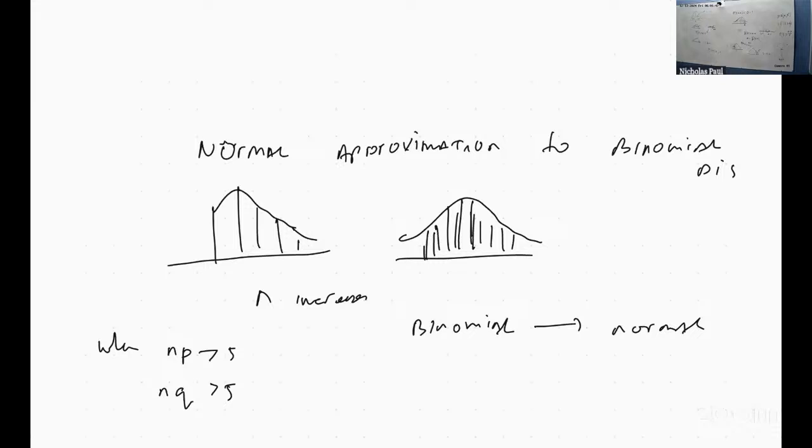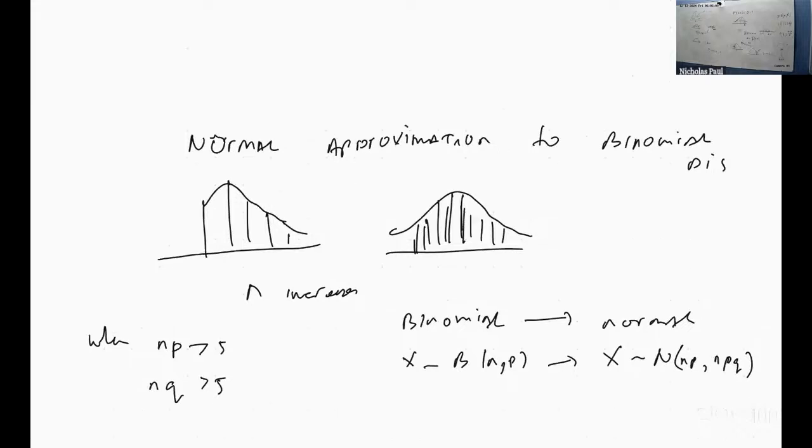So x will now follow a normal distribution. Remember how to get the mean, np, and variance, npq. So that's something for us to remember. The normal approximation to the binomial, that's what will happen as n gets large.